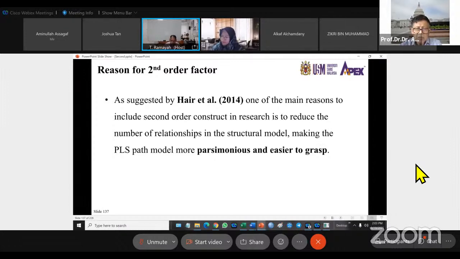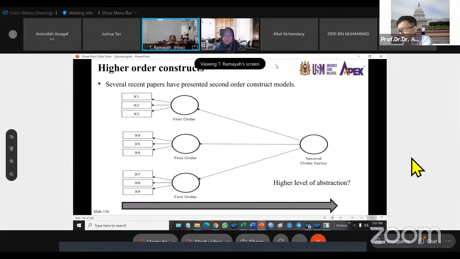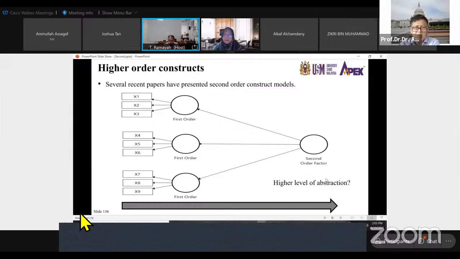These three dimensions are actually the measurement for this variable called second order. In some studies they look at the first order dimensions directly, but in the second order we are only interested in this second order variable. So the term parsimony comes from this depiction.